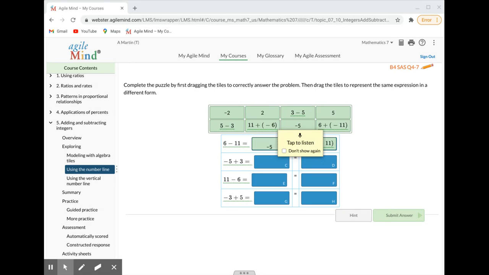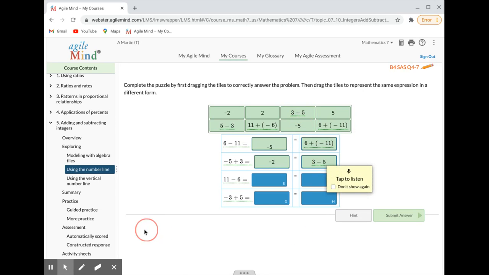Correct. It is going to be -2. What's another thing that we could say, like another number sentence we could use that would also equal -2? You could use 3 minus 5. That would work. 3 minus 5 would work perfect.